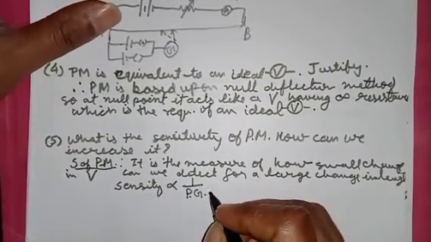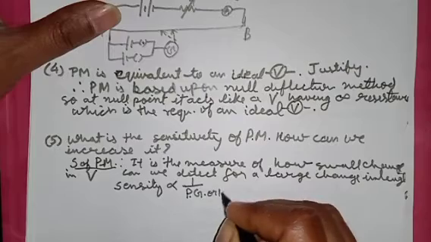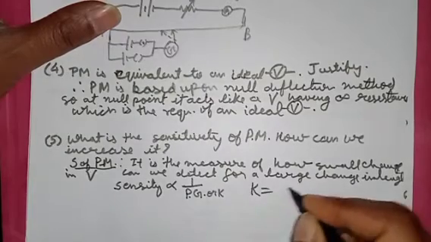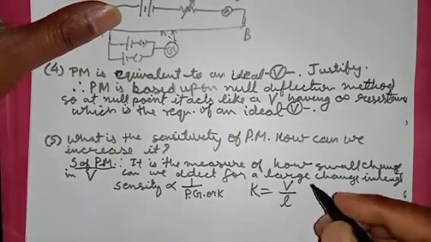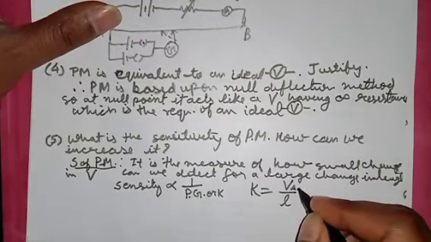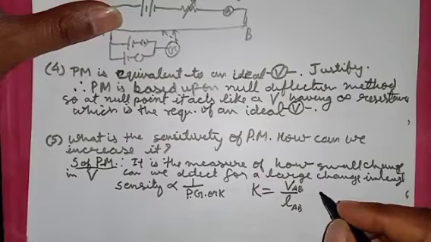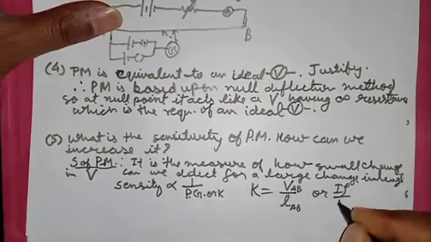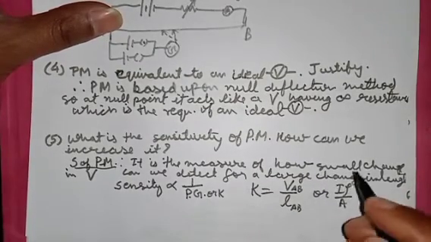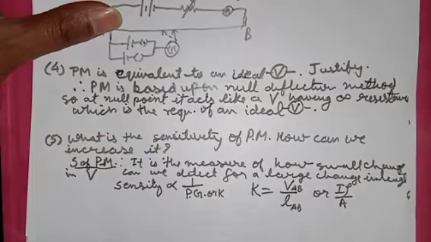Potential gradient is often denoted by K. Where K is equal to voltage upon length, voltage across the entire wire upon length of the entire wire. Or also we can say I rho by A. How this has come, you can check the basics of the potentiometer, you will come to know. So how can we increase it?